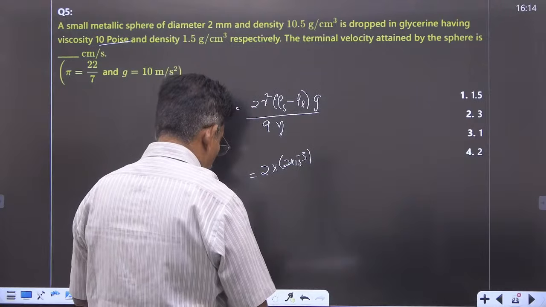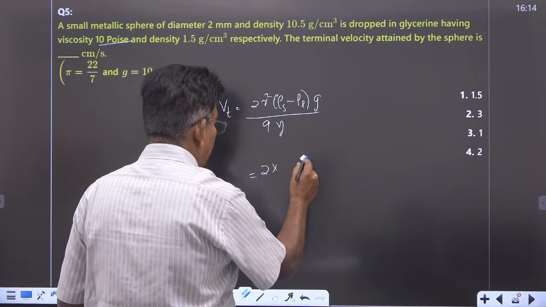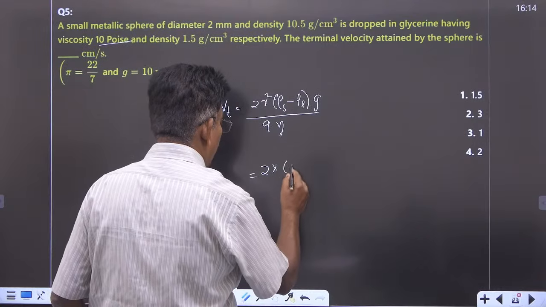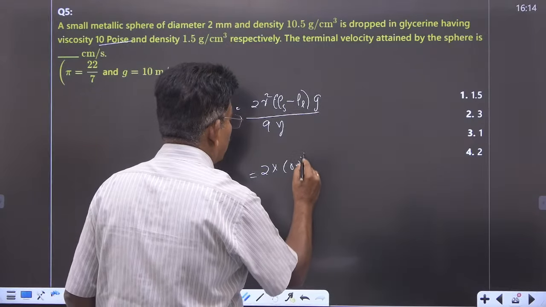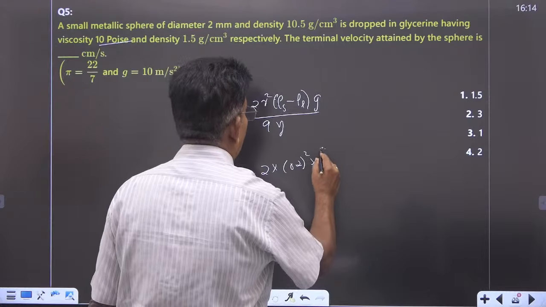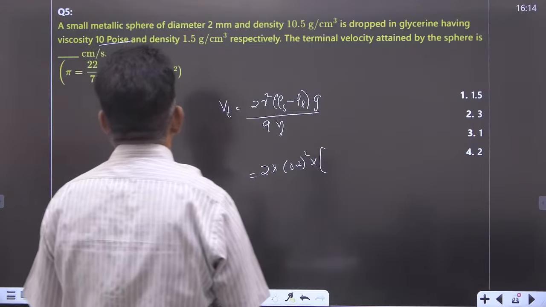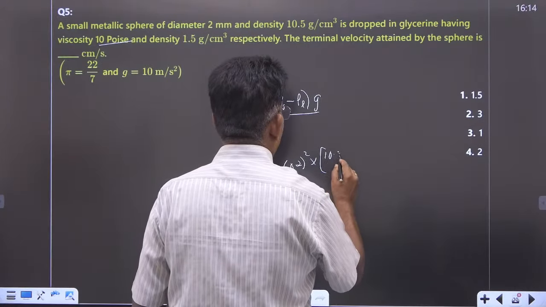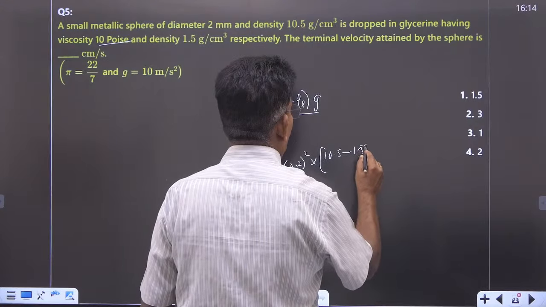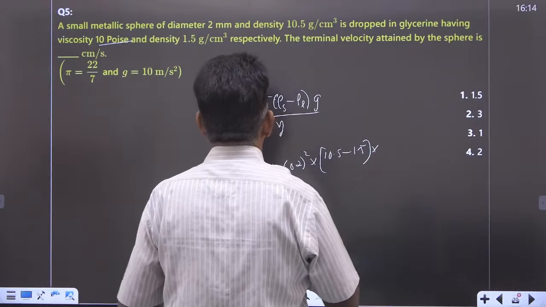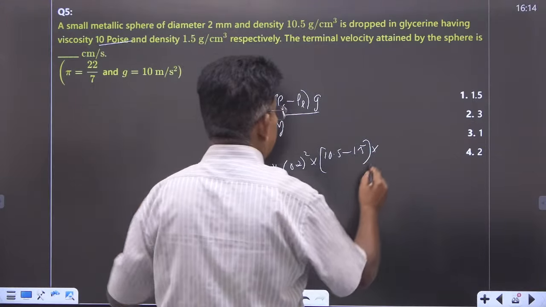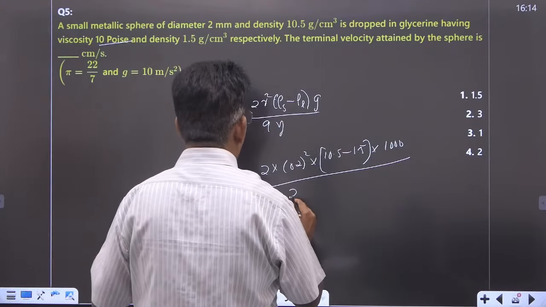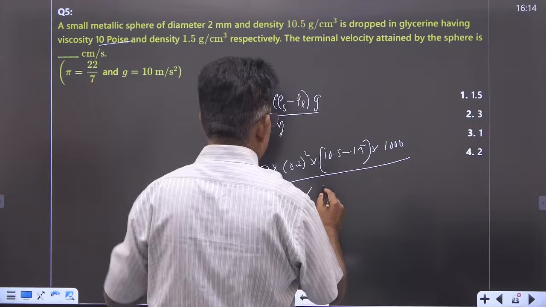No, I want it in what unit? Centimeter. That is 0.2. This comes to be 0.2 centimeter squared into the densities in gram per cc, 10.5 minus 1.5 in CGS system, into g. g is 1000 in CGS system, divided by 9 into eta, which is given in poise, 10 poise.